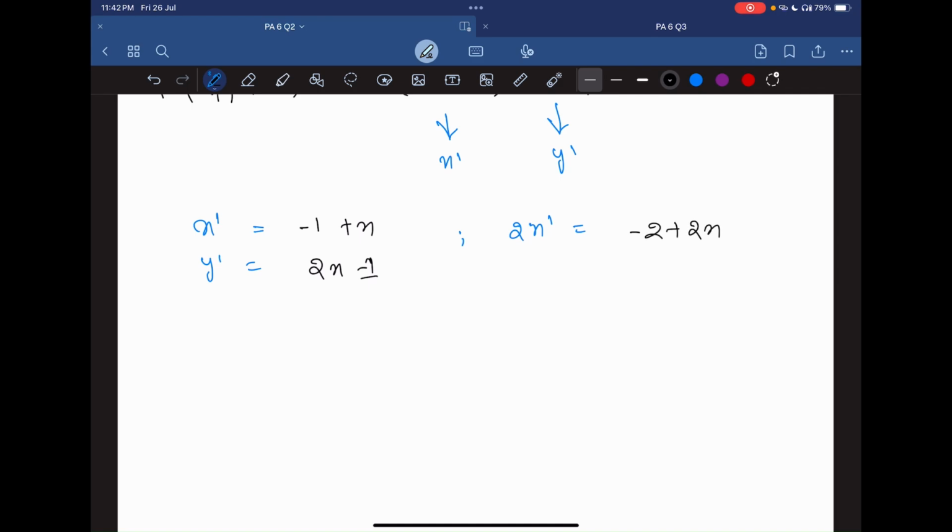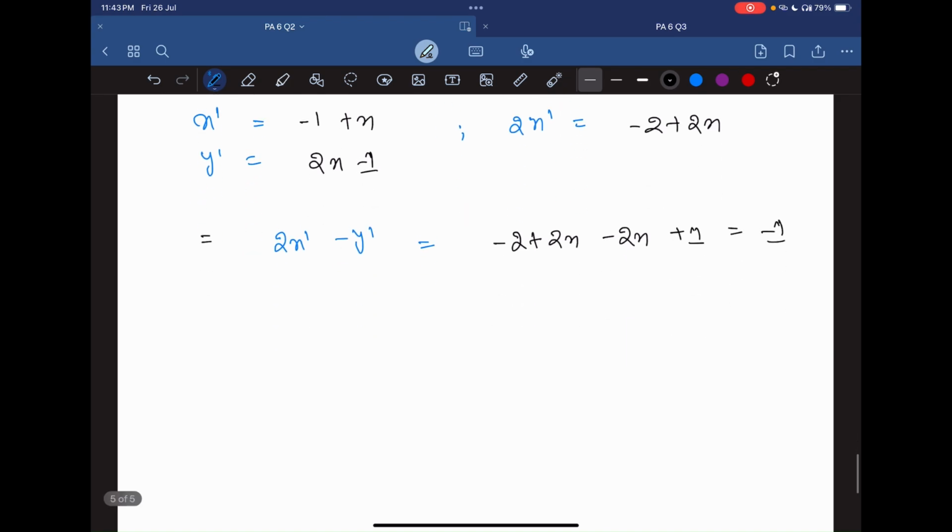And notice now that if we separate these two quantities, that is 2x dash minus y dash, so that would be minus 2 plus 2x minus 2x plus 1, we will get minus 1.